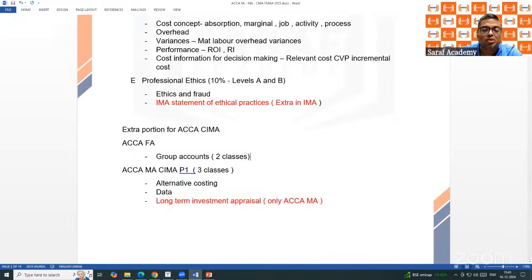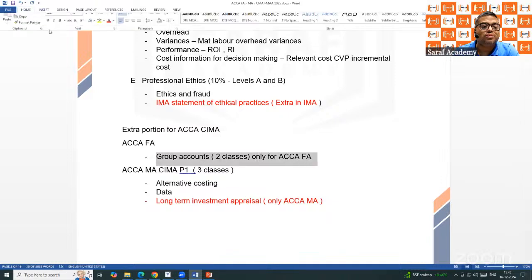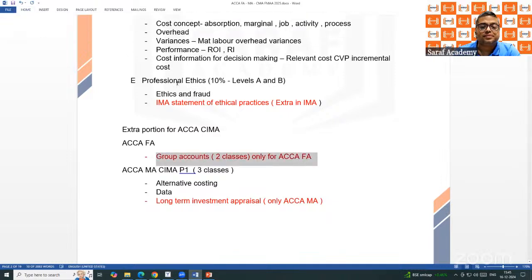Similarly, this is only there for, as I have written, ACCA FA. This part is only for ACCA FA. That means for ACCA FA and MA students, there is group accounting and long-term investment appraisal, which is not there for CIMA students or FMAA students.